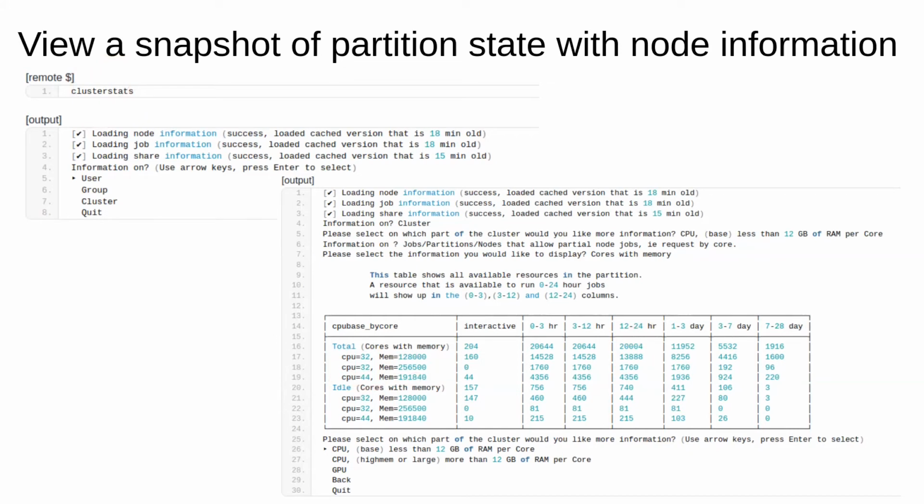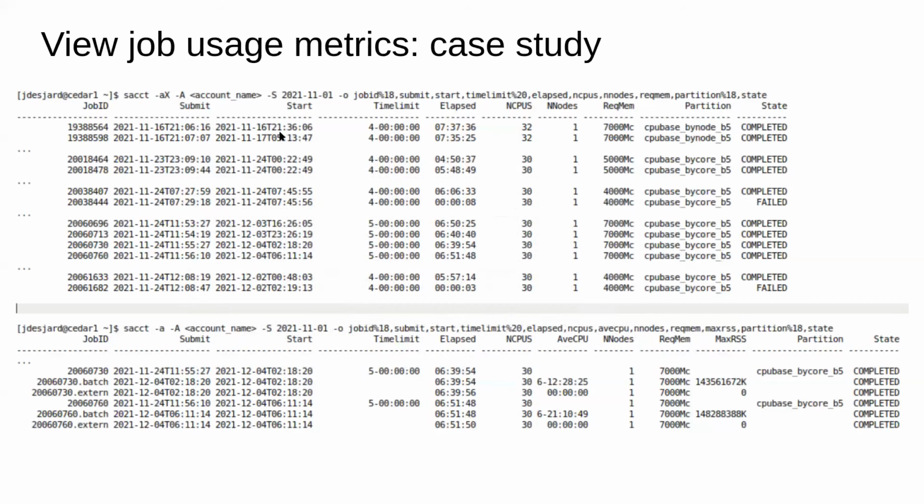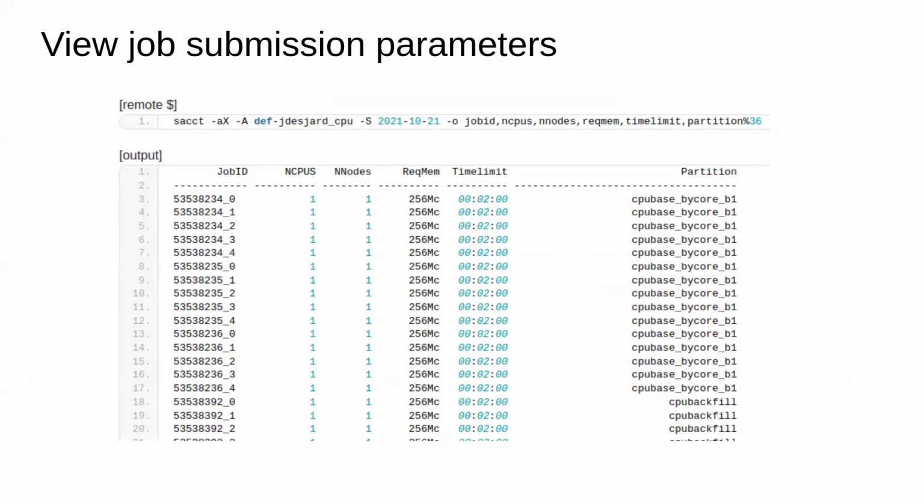Okay, so the next thing is understanding what the job parameters are of a set of jobs that are experiencing the pain. So typically whenever I get a notification that there are accounts that have unusually high wait pain, what I'll do is I'll go onto the cluster where these accounts are experiencing the pain, and on that system, I will call the sact command with a specific set of parameters.